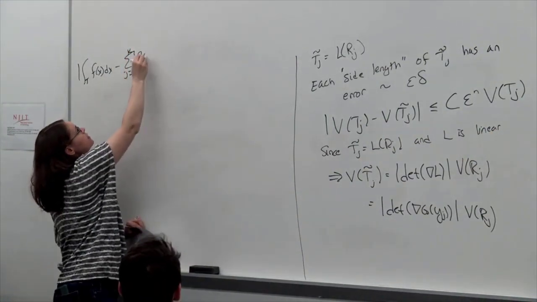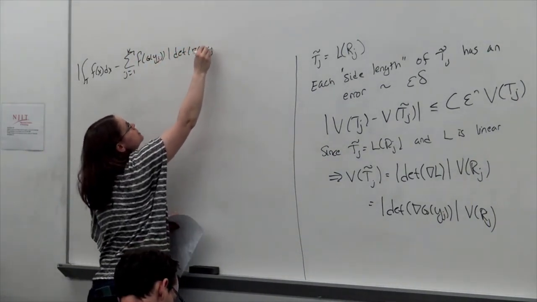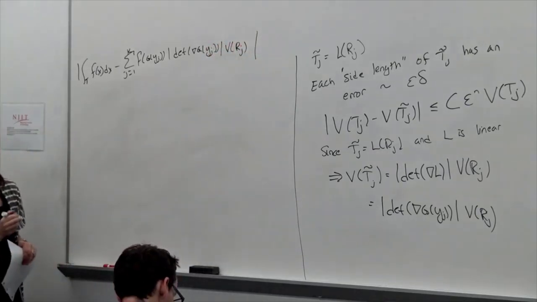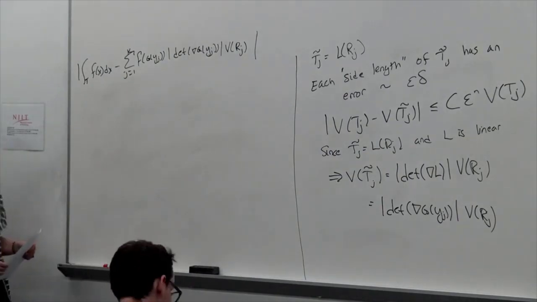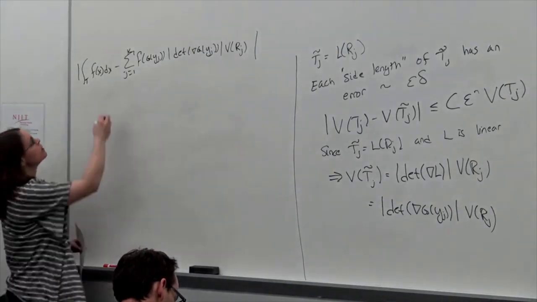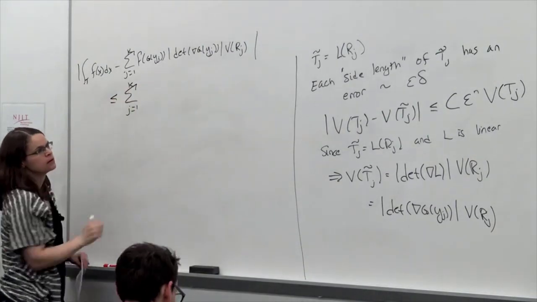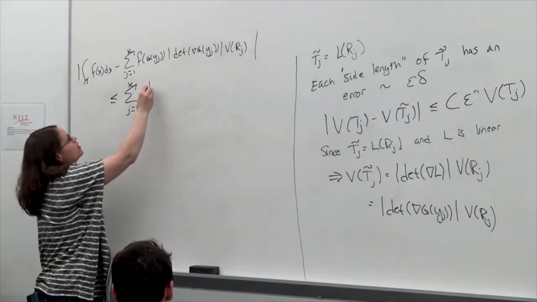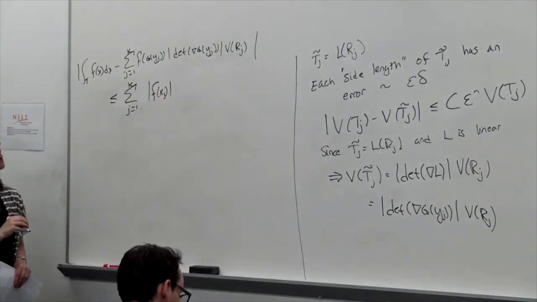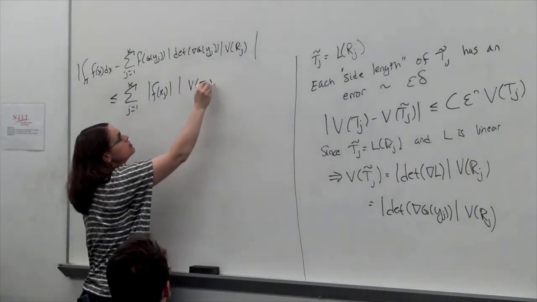So f of g of yj times the determinant of the Jacobian of g times the volume of the rectangle, and this is going to be bounded by the biggest possible value of f times whatever this difference was.